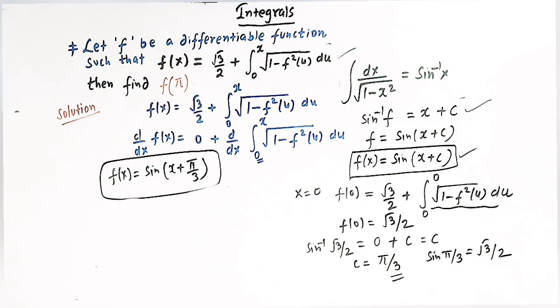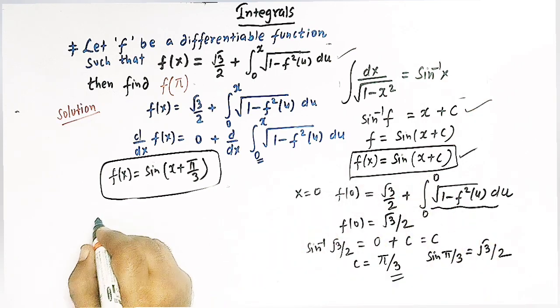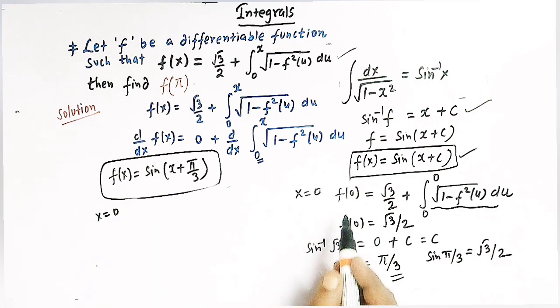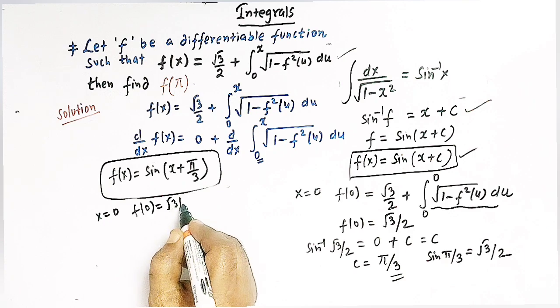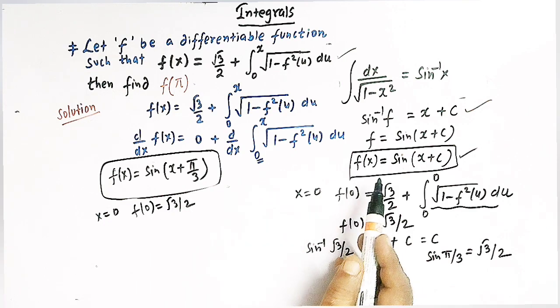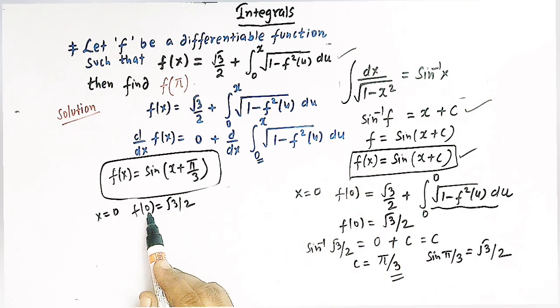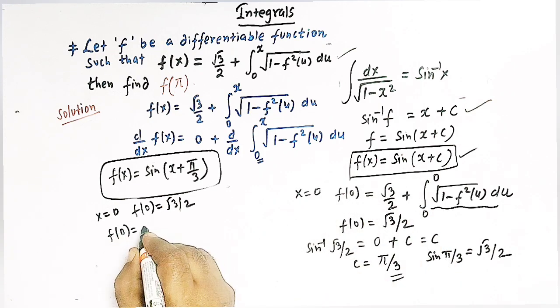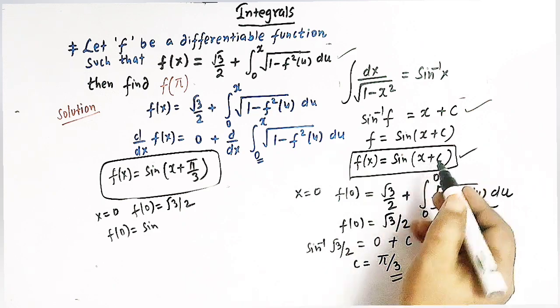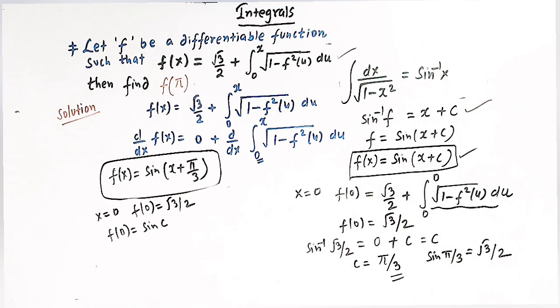Now here it is important to note that while calculating the value of the constant of integration c, we have taken x is equal to 0, and f of 0 is equal to square root of 3 over 2, right? And if we take x is equal to 0 in this equation, then we have f of 0 is equal to sine 0 plus c, that is simply equal to sine c, and f of 0 is root 3 over 2.